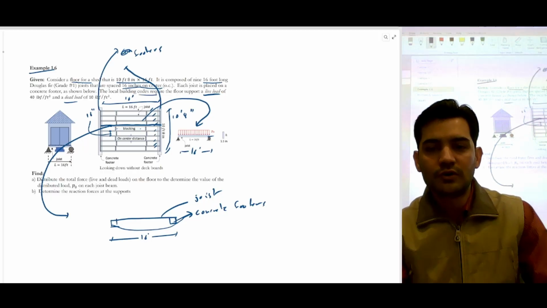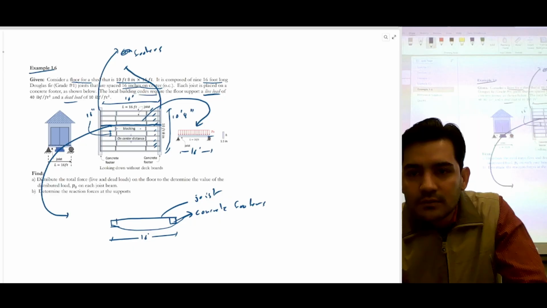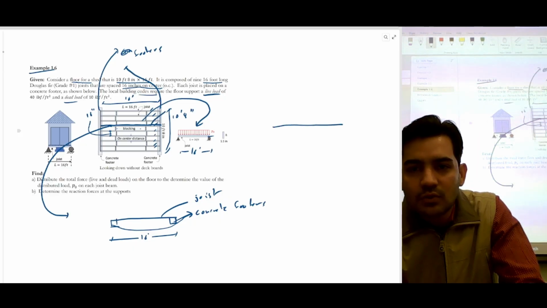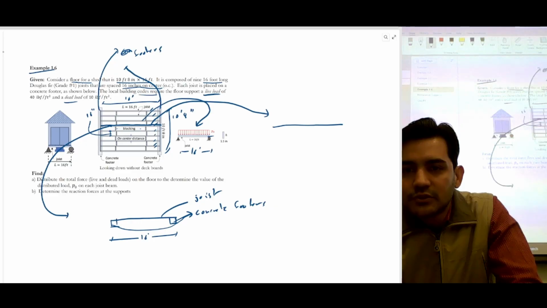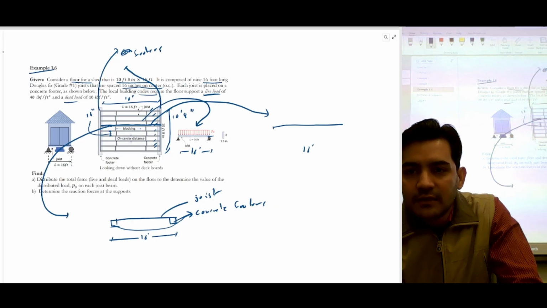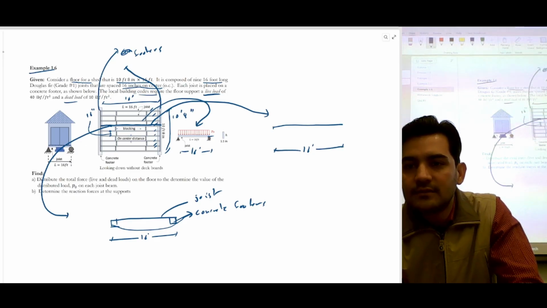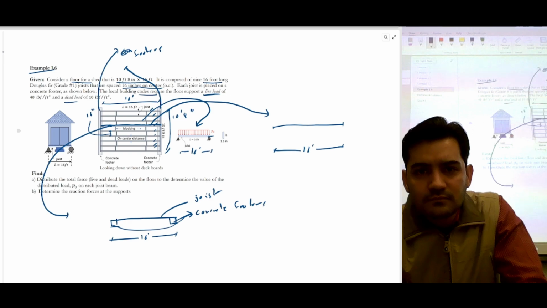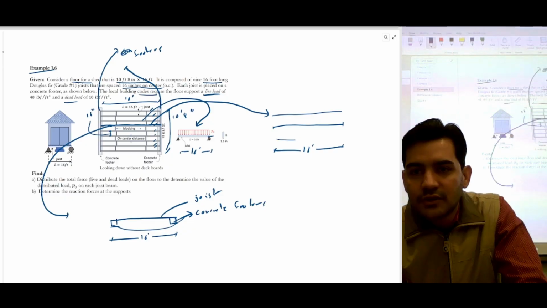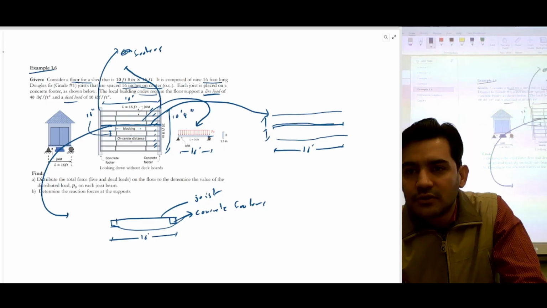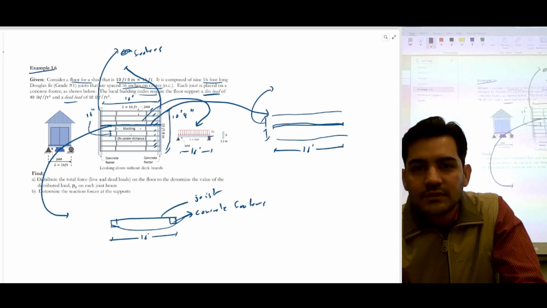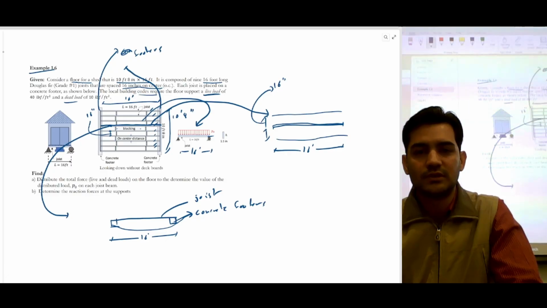If you look at this joist from the top, that's one of the joists. I'm going to draw this one joist here, and the length is 16 feet. There's another joist here, and another joist here, but we're going to focus on this joist. And the distance between them is 16 inches. That's what the problem says.